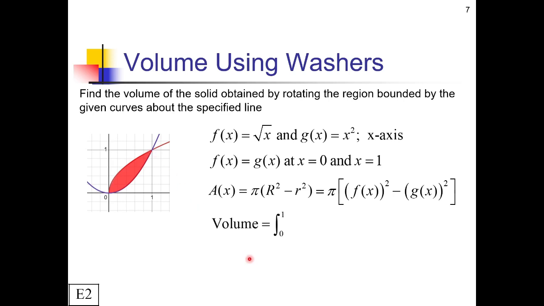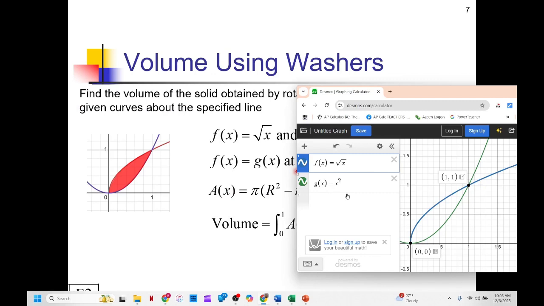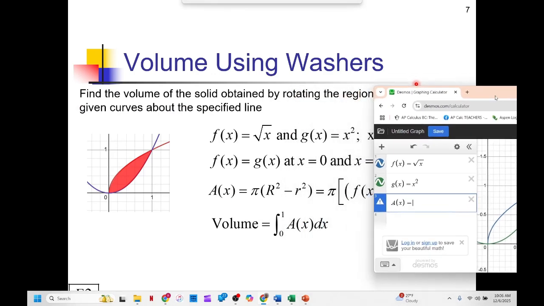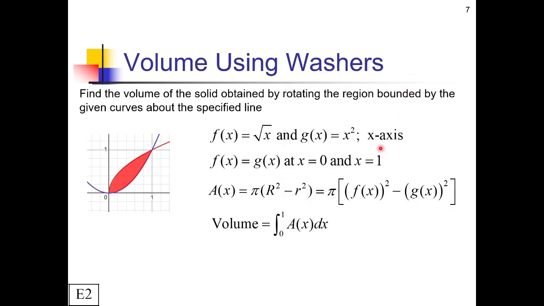So I've got the integral from 0 to 1 of whatever this A of x stuff is that we've defined here. So let's go back on Desmos and put all of that in. So for A of x, I'm going to put in, what did I write here? We had f of x squared minus g of x squared in there.